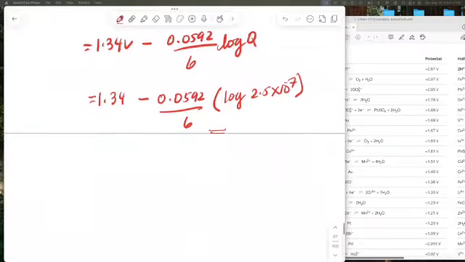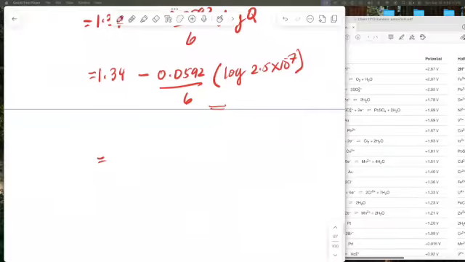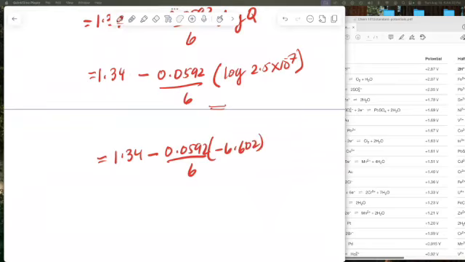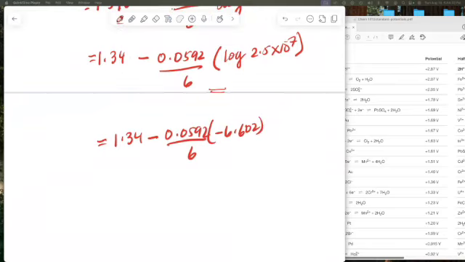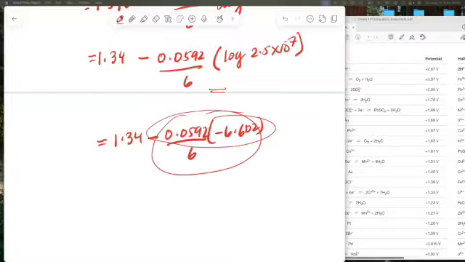And that ends up being 1.34 minus 0.0592 over 6 times negative 6.602. Let me go ahead and multiply it by 0.0592. So I'm trying to work this part out here and divide by 6. I'm incorporating this part right here.